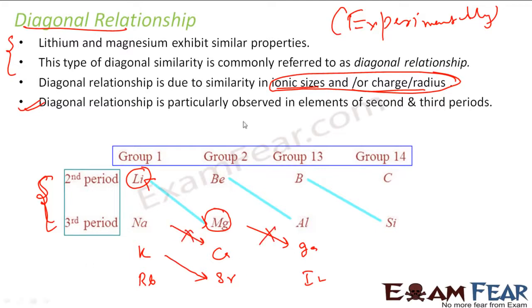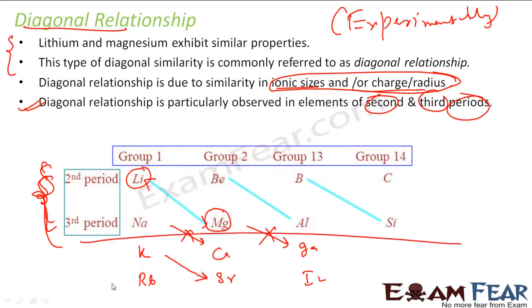That is not true. It is generally with second and third periods only, right? Please note, this diagonal relationship is generally observed in second and third period elements only. So after this, it is not observed. That's why I didn't have a picture with all the elements. I had only second and third period elements.